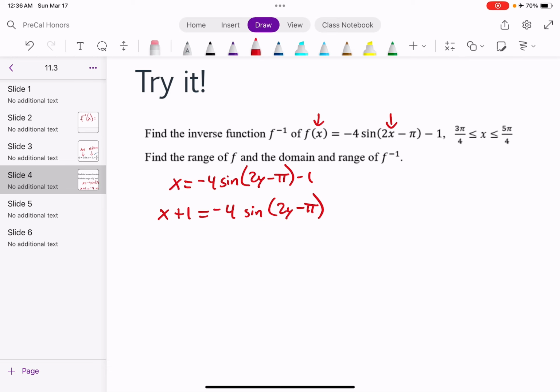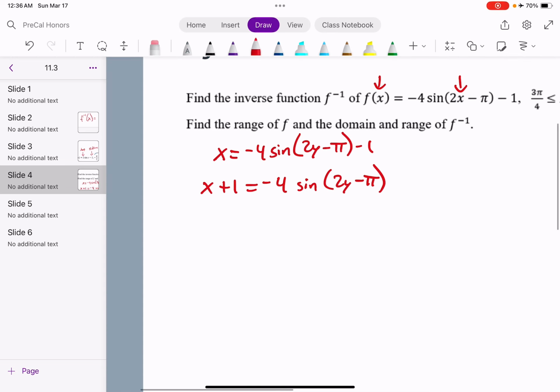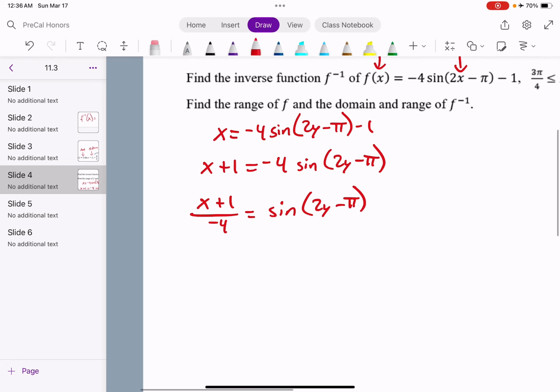We're then going to divide by negative 4. So x plus 1 divided by negative 4 is equal to the sine of 2y minus pi. We're going to do the opposite of sine, which would be multiplying by the inverse of sine.